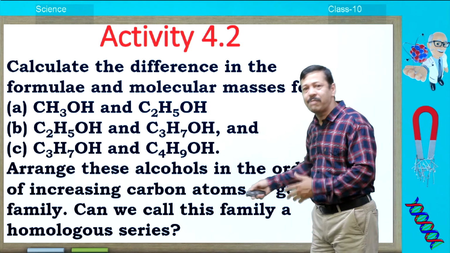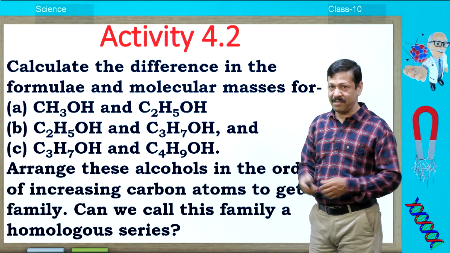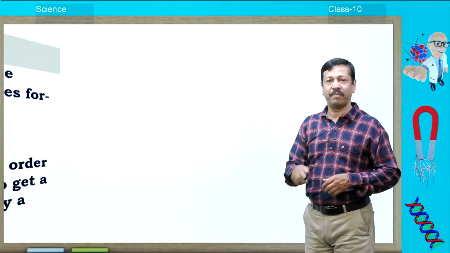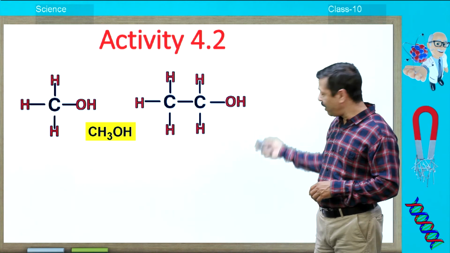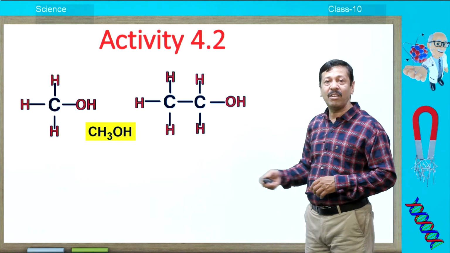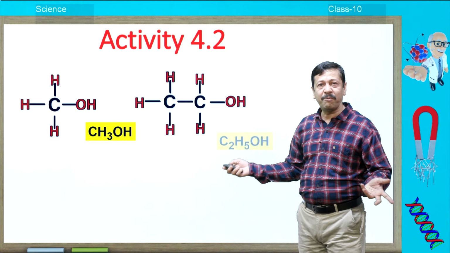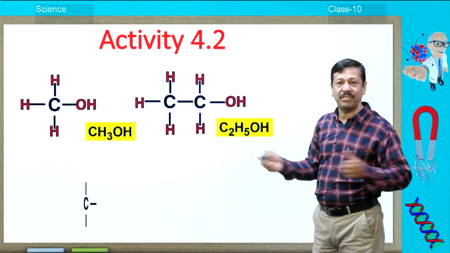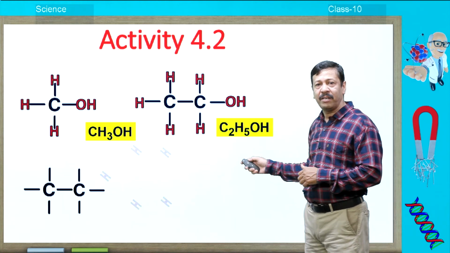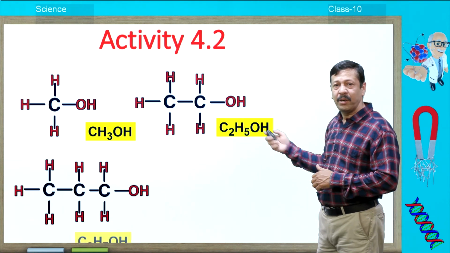Can we call this family a homologous series? Try yourself. This is methanol. Then the second one is ethanol. What is the difference between these two? A CH2 unit.